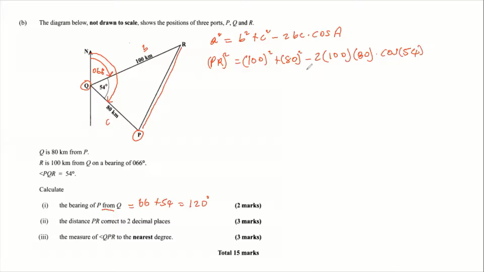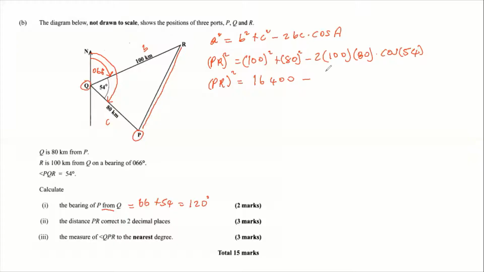All right. So from here, it's just a matter of using your calculator to determine the value. So PR squared is going to equal to what's 100 squared plus 80 squared. That is just going to give us 16,400, right? Minus, and then you put all of this on the calculator.